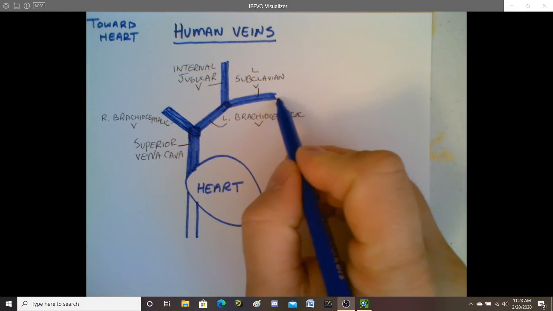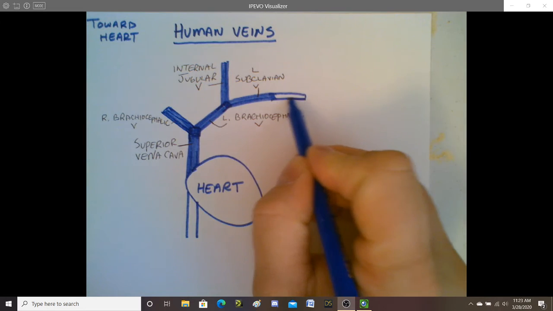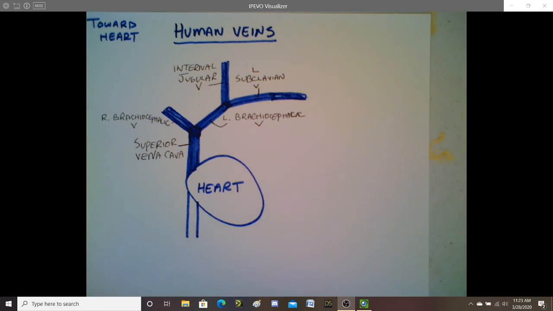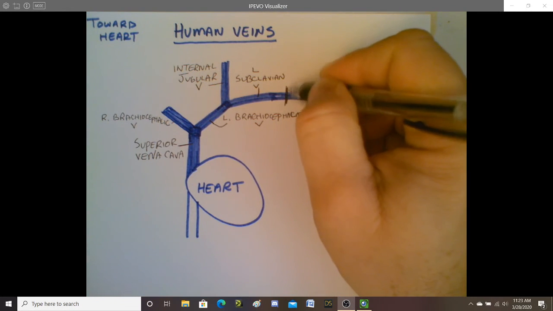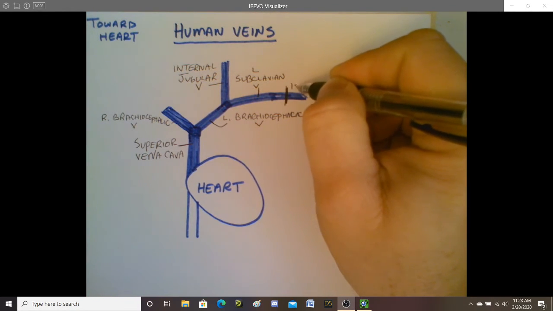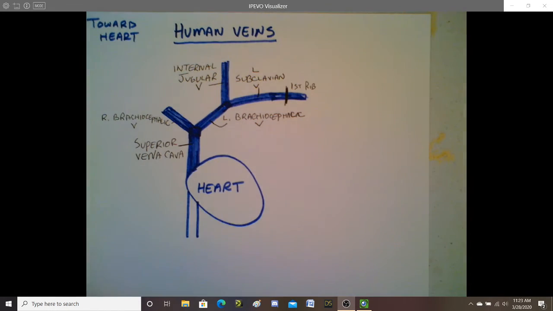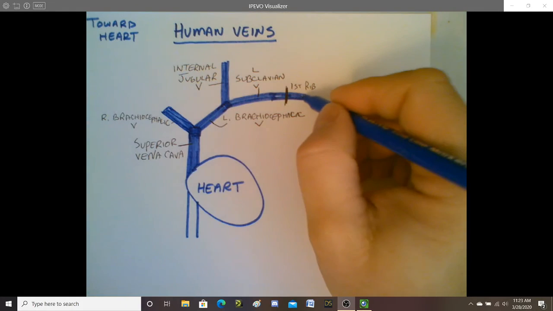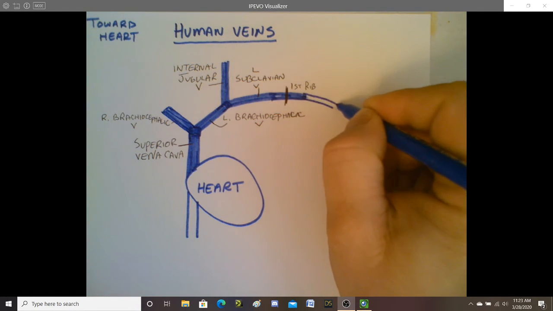This is kind of easy because the same rules apply. The subclavian goes to where the first rib is, and then it changes names. So here's our first rib. And then it changes names to the axillary. So in the shoulder, this vein is the axillary.